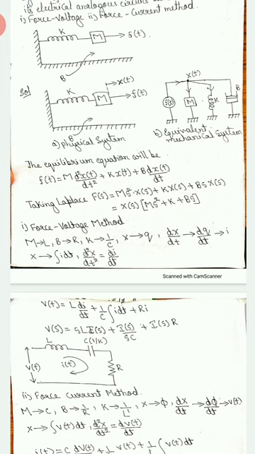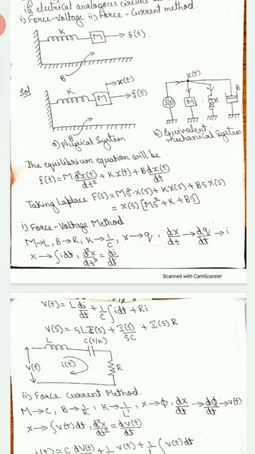Now that equation we are converting into force voltage. In force voltage, mass is replaced by inductance, B, that is friction, is replaced by resistance, and spring is replaced by 1 divided by C, that is capacitance.